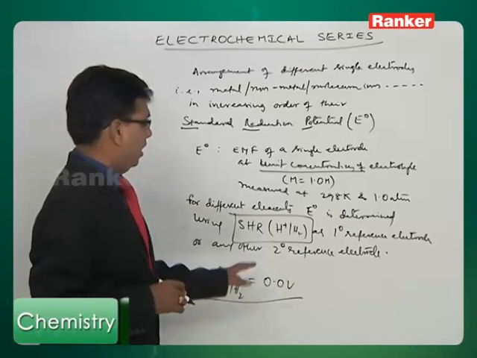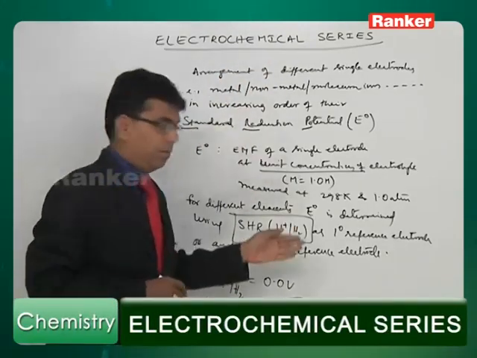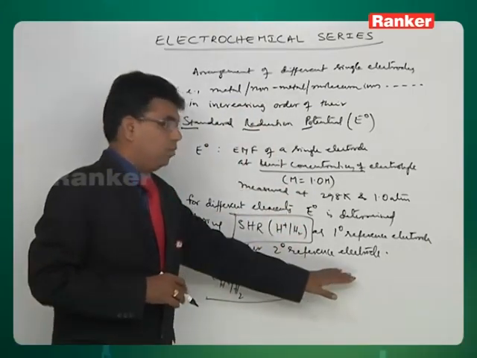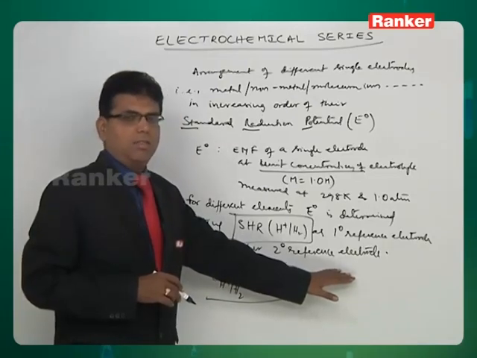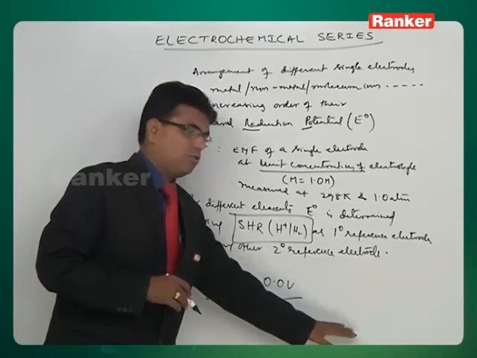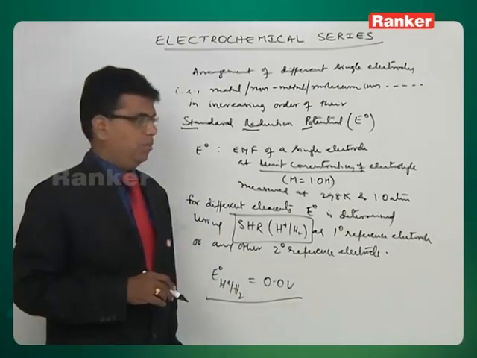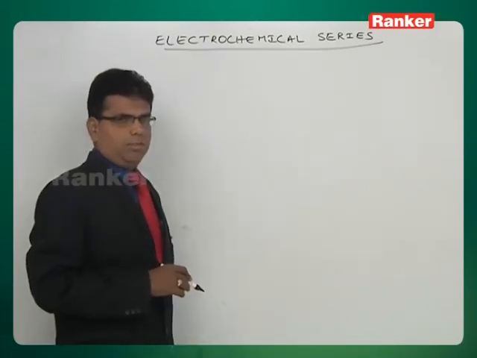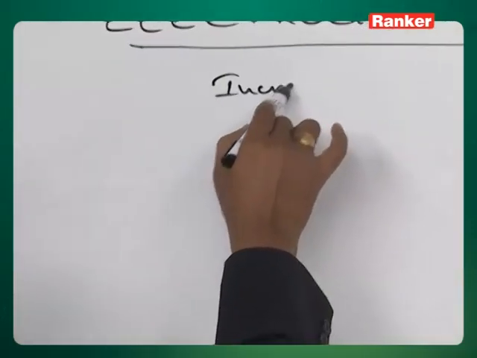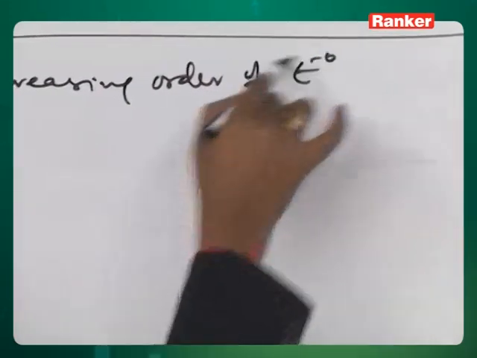Now, the electrochemical series is the arrangement of all those elements in increasing order of their SRP, means starting with the least reduction potential, reaching 0 at hydrogen, and below this the positive values. So, in the electrochemical series, the elements are arranged in increasing order of E naught.